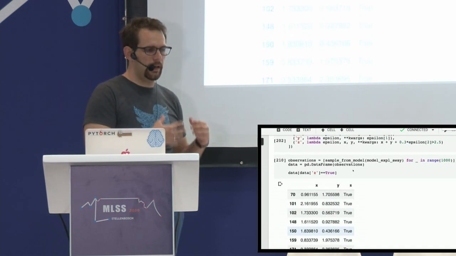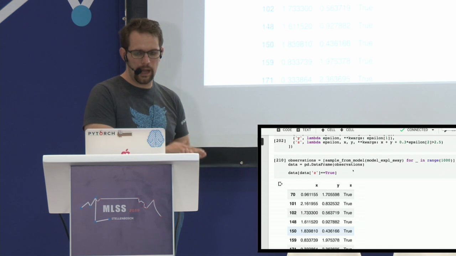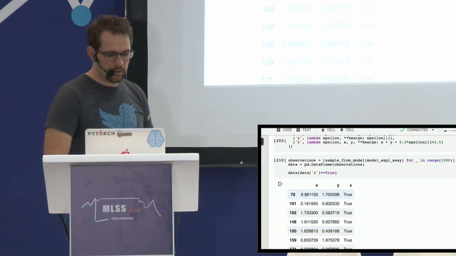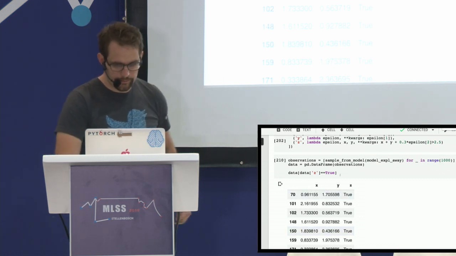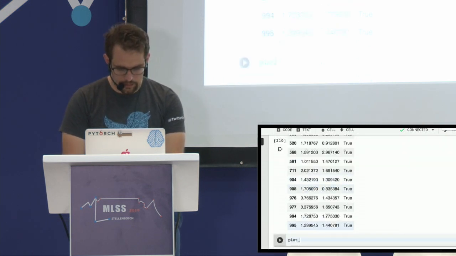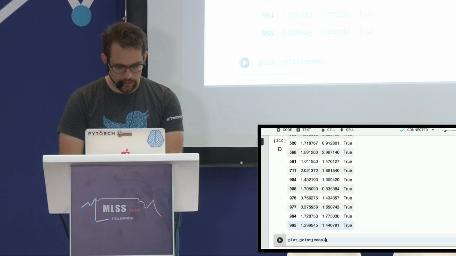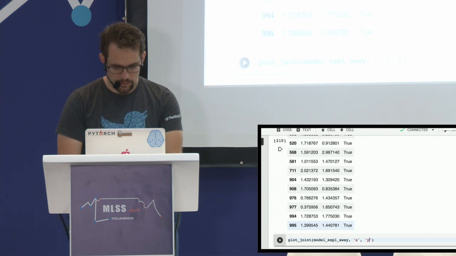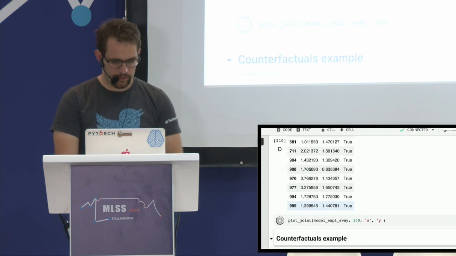So after I only consider the applicants that I actually hired, I can look at what the joint distribution of x and y looks like. So let's consider the plot joint model explaining away x, y. I actually forgot the syntax for this.